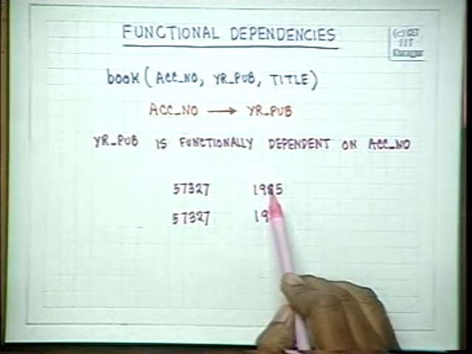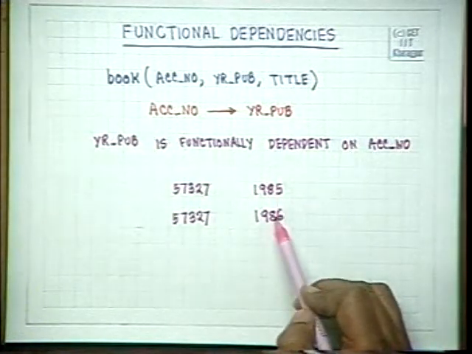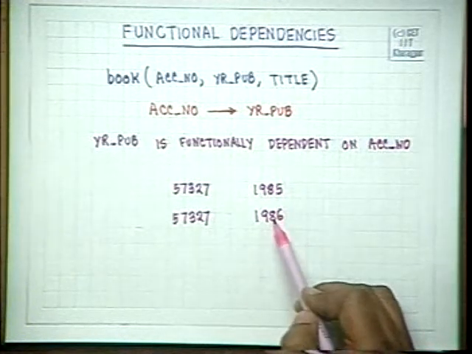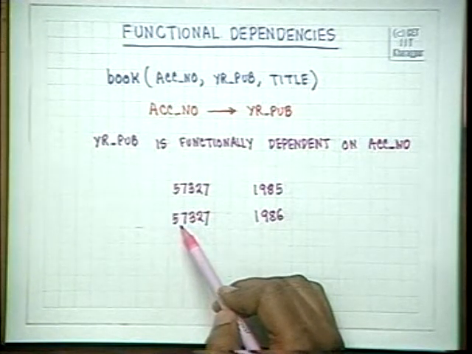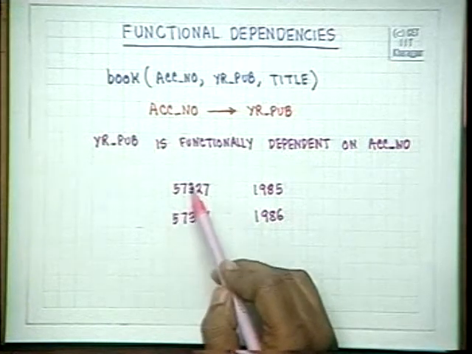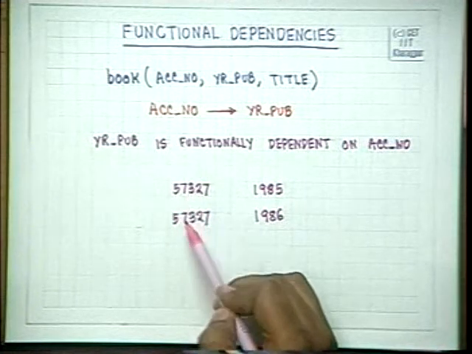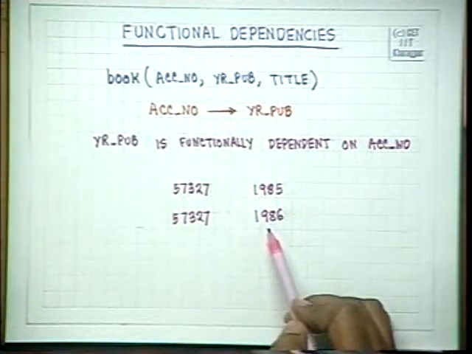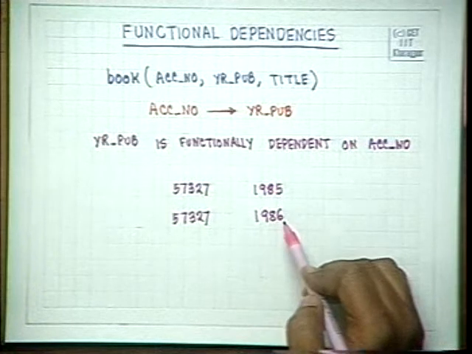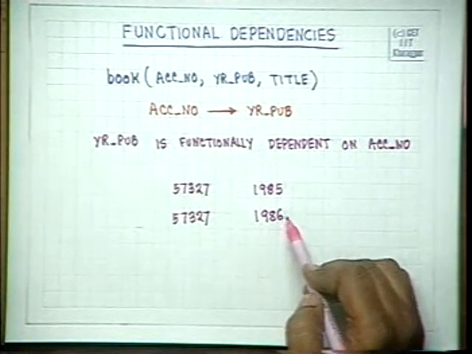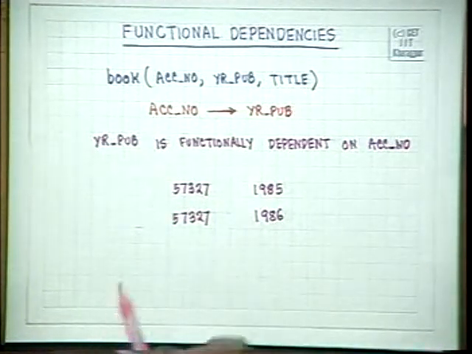But if I specify only this, I can have tuples which have the same values here and different values there. So, if two tuples have the same accession number, they must have the same year of publication. And if they have different years of publication, they cannot have the same accession number. That is the meaning of this.